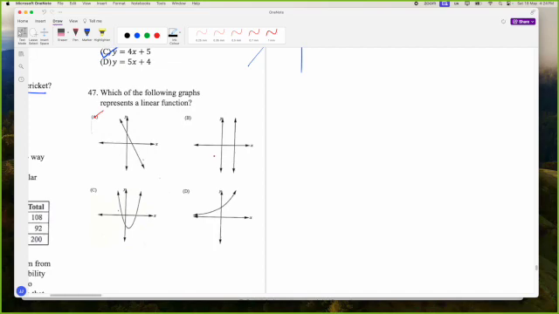What is a function? Let me just say I have 3x plus 2. A function is when I put in a digit for x, whether I put x to be 1 or 2 or 3, when I put in one input, I will get one output.